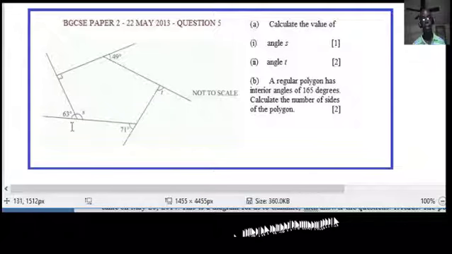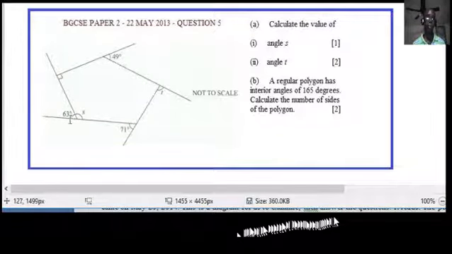By inspecting the diagram, you should be able to see that S represents an interior angle, and there is an adjacent exterior angle of 63 degrees. So one key fact you need to remember is that the interior angle plus the exterior angle equals 180 degrees.